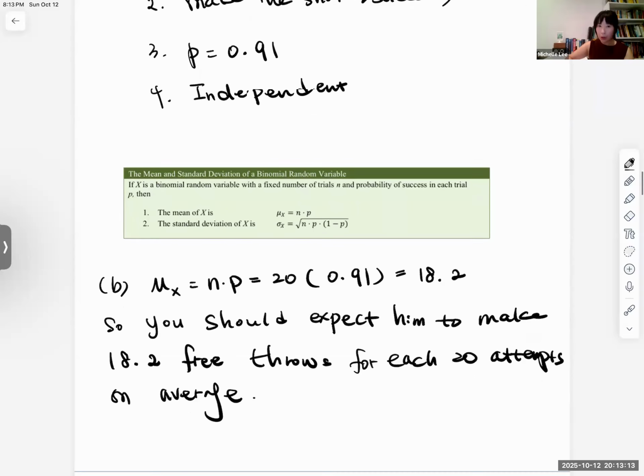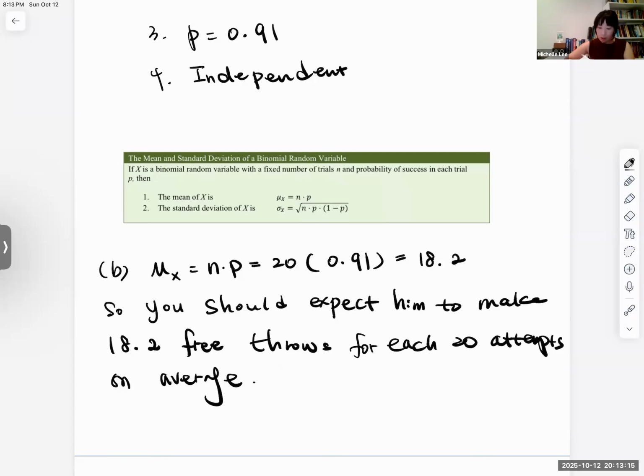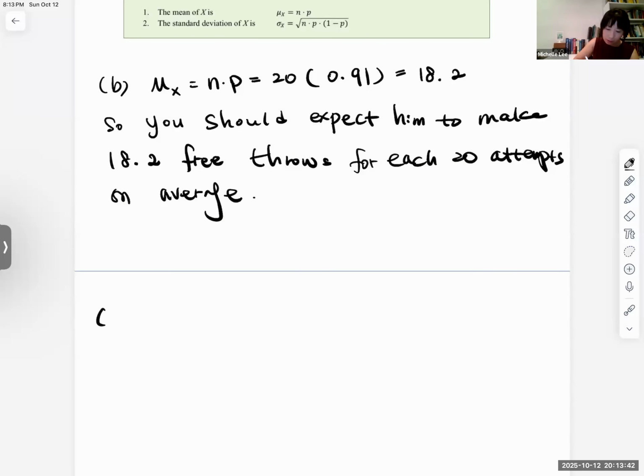Okay, so I wrote down the interpretation and standard deviation, right? So let's say using standard deviation, we have sigma sub x equals the square root of n times p times 1 minus p.